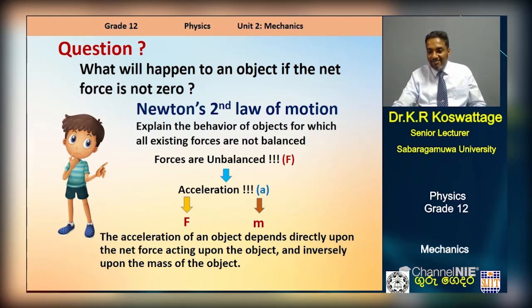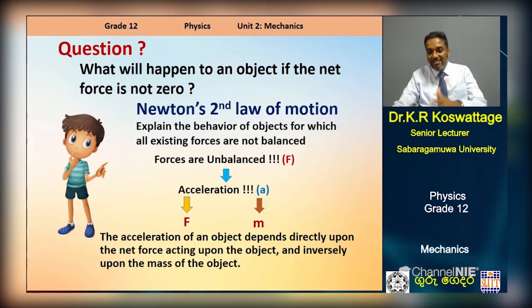Newton's second law explains the behavior of objects when all existing forces are not balanced. The forces are unbalanced, and in this case the unbalanced force is proportional to the acceleration of an object.